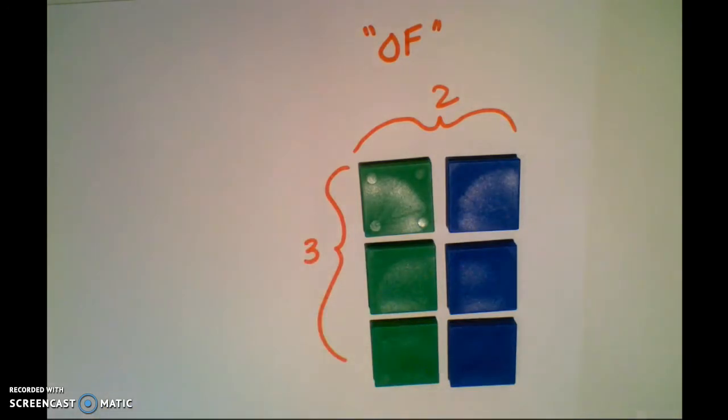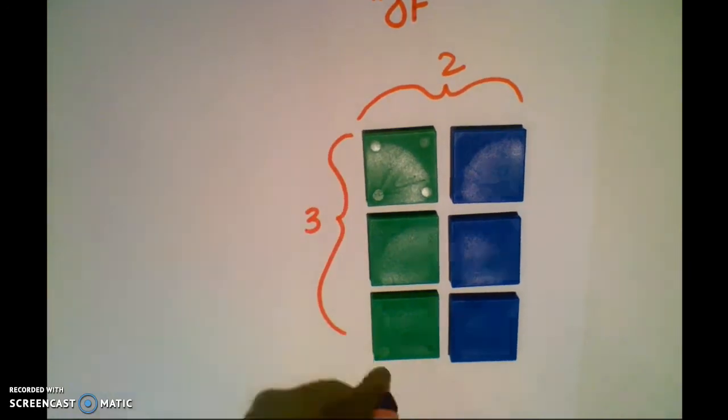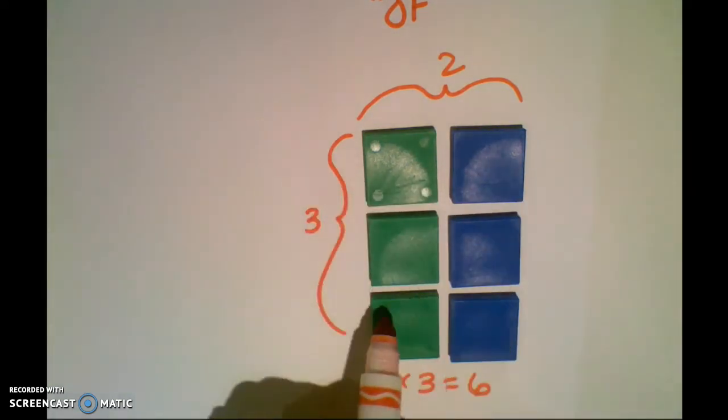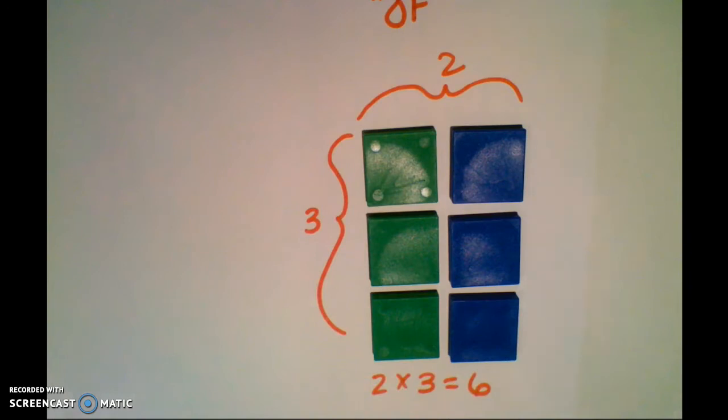Or I can use the multiplication problem 2 times 3 equals 6. And I can count that: 1, 2, 3, 4, 5, 6 tiles. 2 times 3 equals 6. And I've shown it by 2 columns of 3 tiles each.